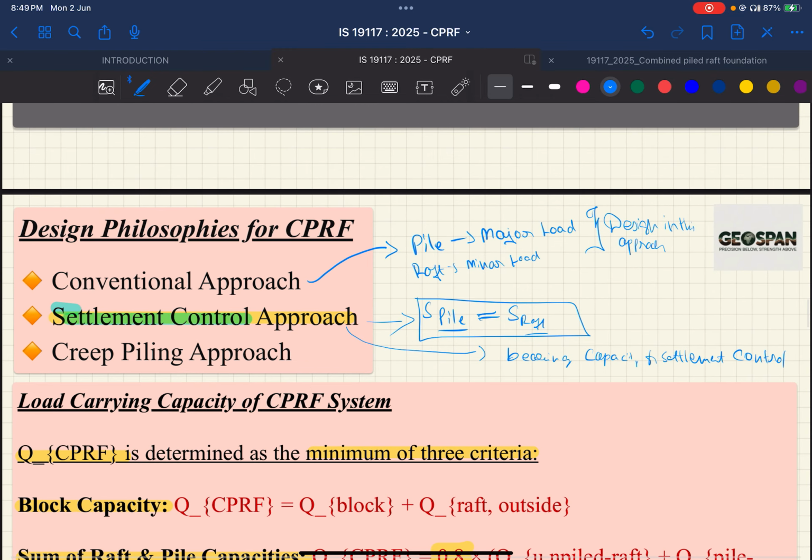The last approach here is creep piling approach. This philosophy is applied in soft ground conditions where creep can occur.